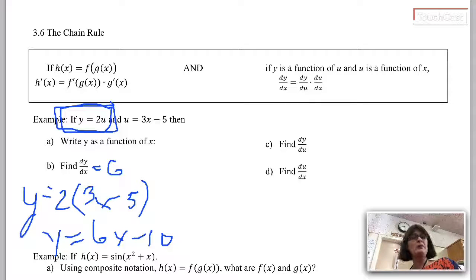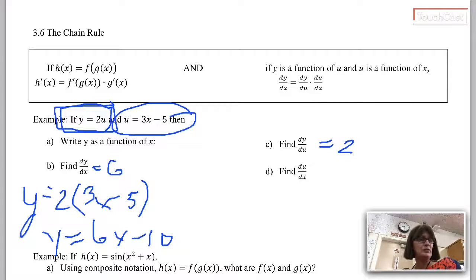So the derivative of y with respect to u is 2. And what is the derivative of u with respect to x? Well, here's the u function. x is the only variable, so I can take the derivative with respect to x. The derivative of u with respect to x is 3.